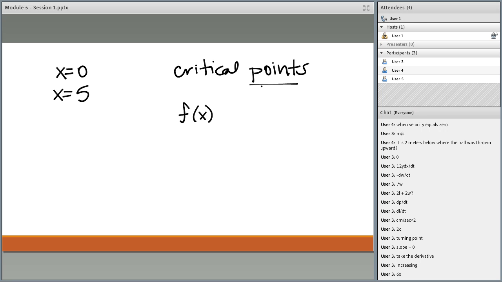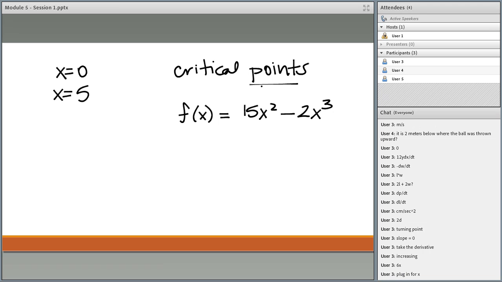So our original function was f of x equals 15x squared minus 2x to the third. And we took the first derivative and found that the critical points are at x equals 0 and x equals 5. If we wanted to get points, so an ordered pair, how would we get the y values? Very good. Plug in for x.